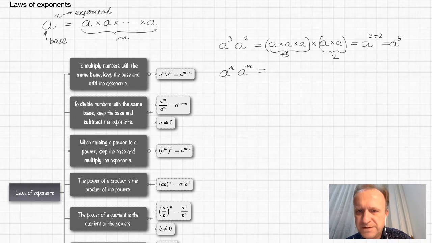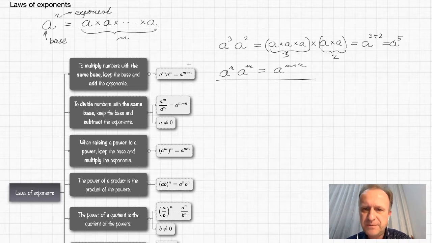The first one contains n factors of a, the second one contains m factors of a, and altogether there are n plus m factors of a. So it's a multiplied by itself n plus m times, so it must be a to the power of m plus n. So this is the reason behind this law. It's very simple. We shall use it in what follows.